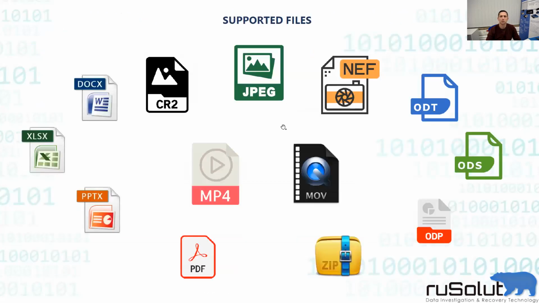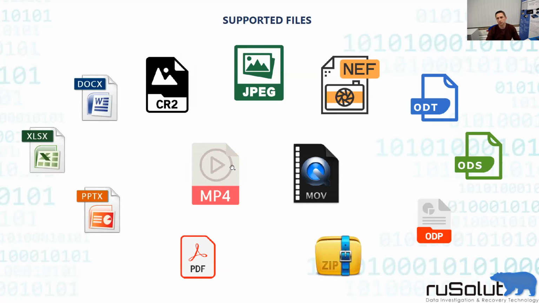Now let's have a look at files supported by the assembler. For now, we decided to add support for the most often asked files from our clients. It's Office files, PDF files, pictures, JPEG pictures and RAW pictures, and video files, MP4 and MOV files.